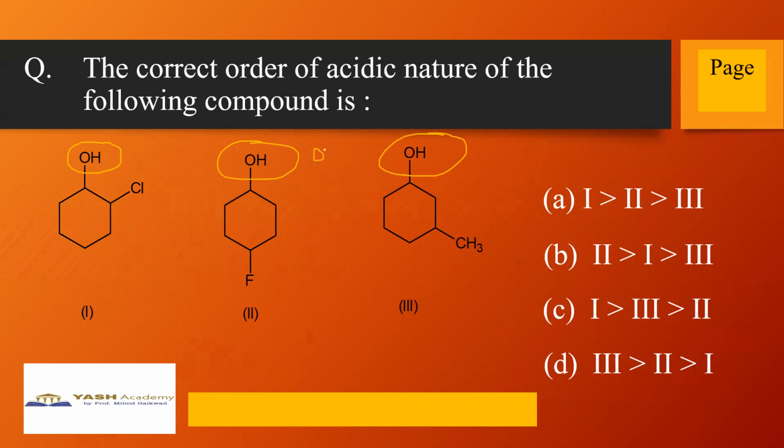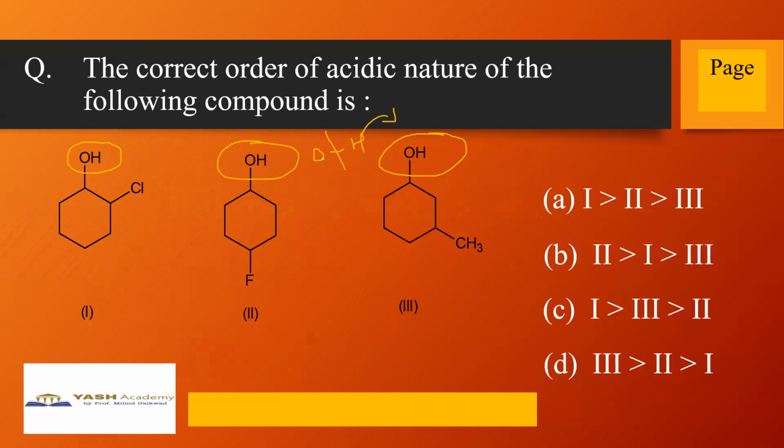If this bond easily breaks, then there is a release of H plus ion, it becomes easy. And if this bond is not so easily broken, means less tendency to release H plus ion, it becomes very difficult to release H plus ion.